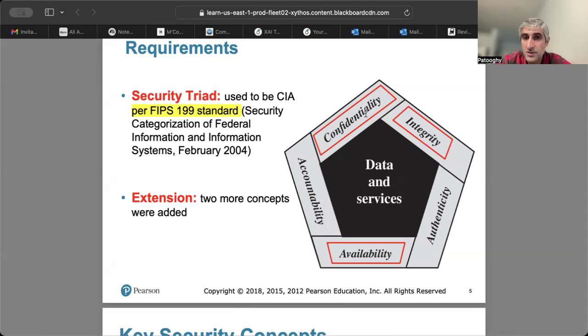We are defining confidentiality versus integrity, how these are different, and the two layers added to them, authenticity and accountability. These are very important concepts and terminology, so please make sure that you follow the lectures as I'm recording and posting them on Blackboard. Again, if there is any question, feel free to email me.